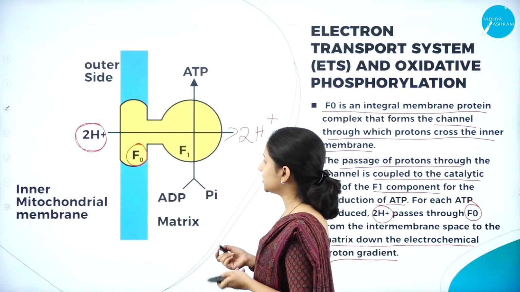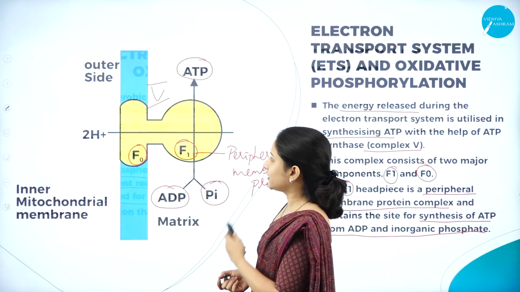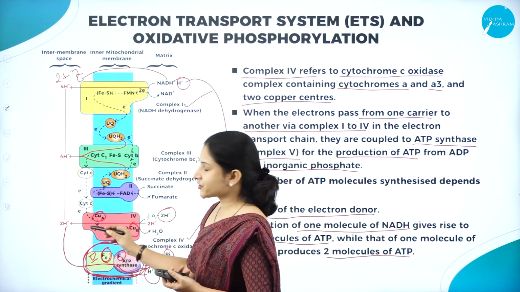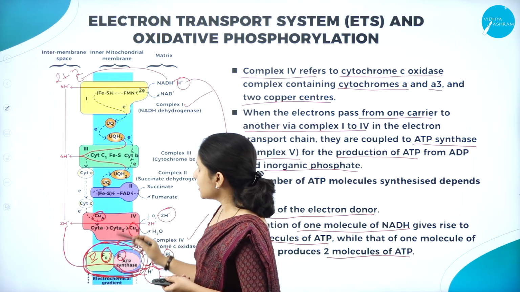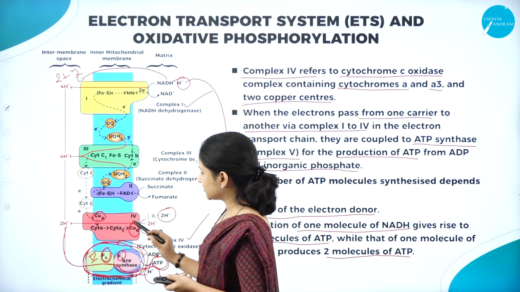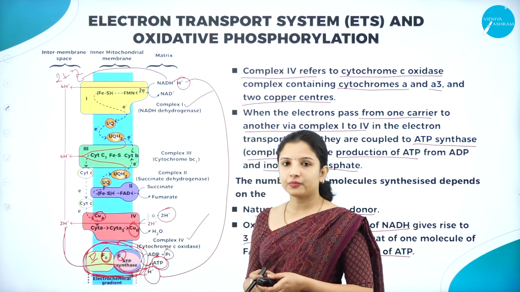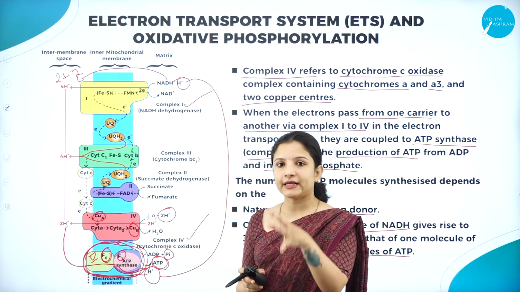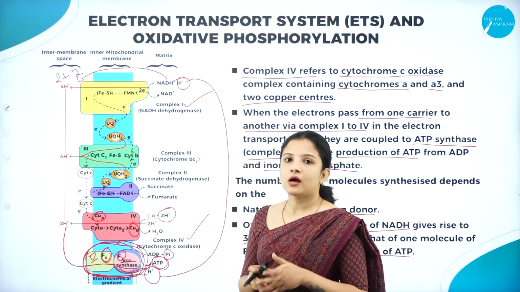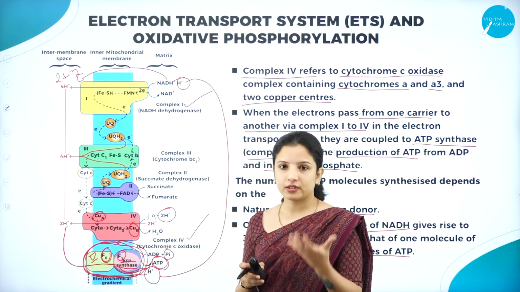So what happens here? I'll just explain it in this particular diagram itself. The electrons have reached complex 4. From complex 4, they have all pooled into complex Y. Why have they pooled into complex Y? Because they need to provide energy for the ATP synthase in order to undergo oxidative phosphorylation, right?